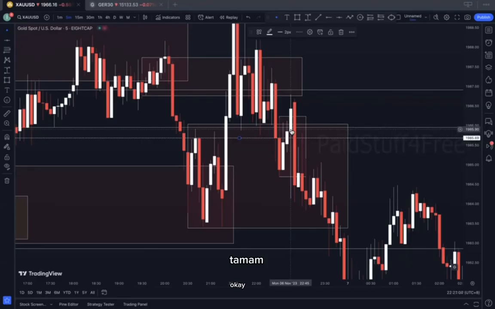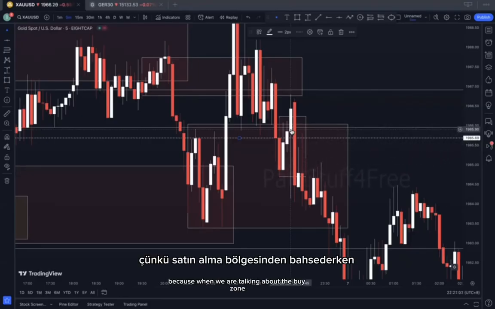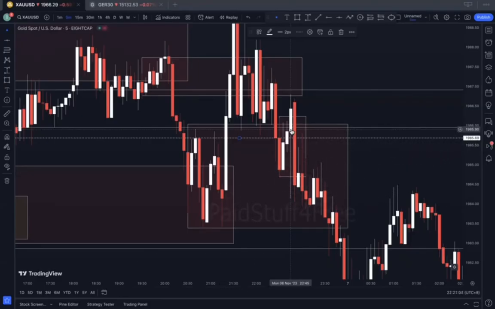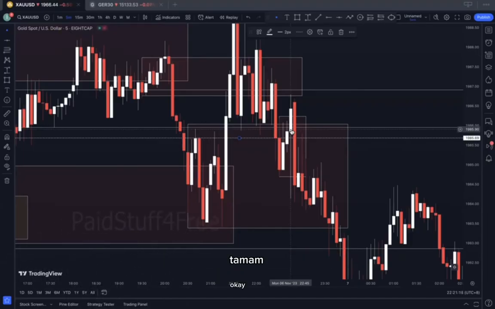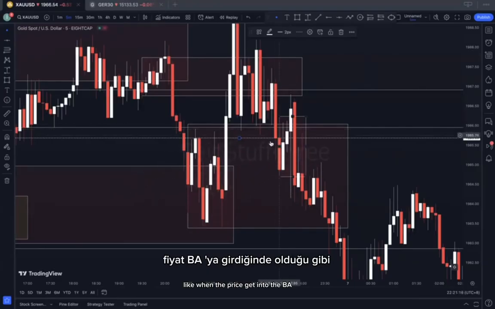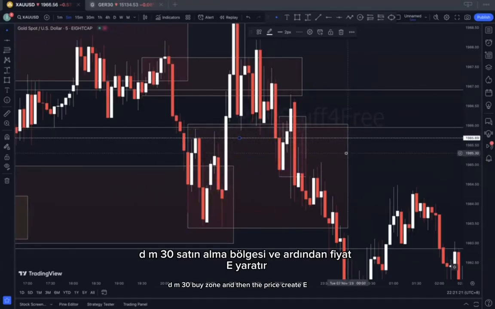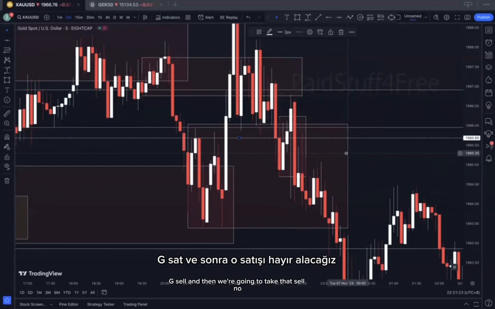Nope. Because when we are talking about the buy zone, we are hoping for the price to break that ED sell and create an engulfing buy for us to buy, because we are currently in the buy zone. There's no such thing as, when the price gets into the M30 buy zone and creates an ED sell, we're going to take that sell. No, we're not going to do that.